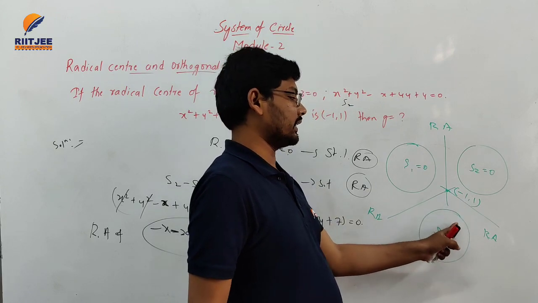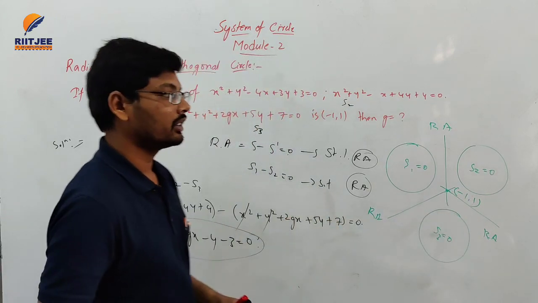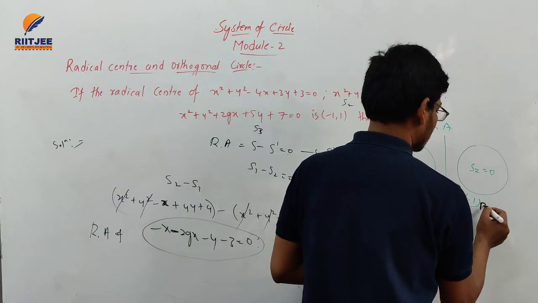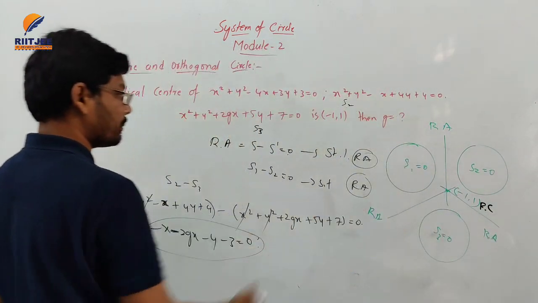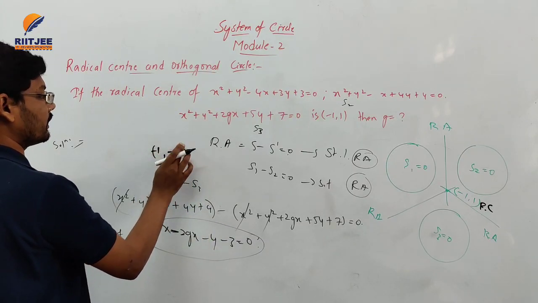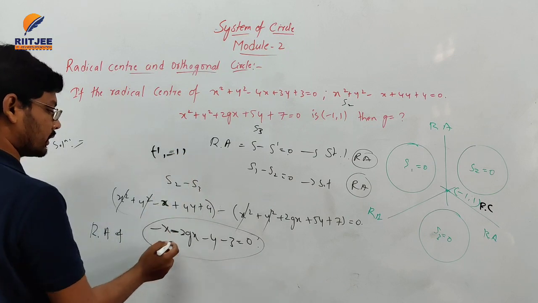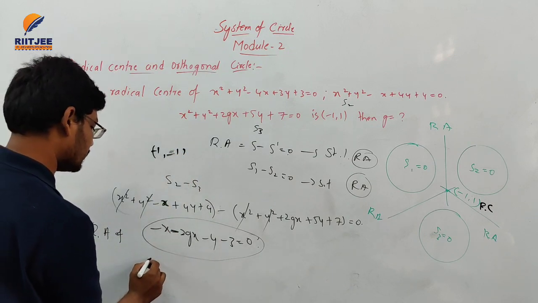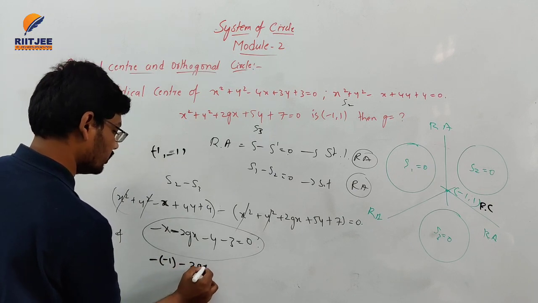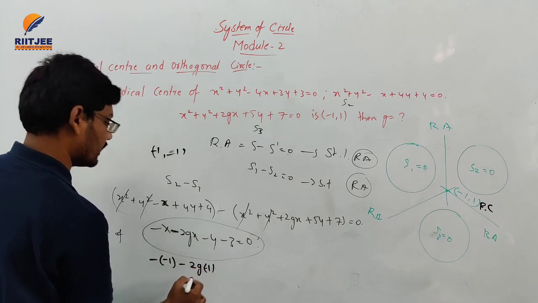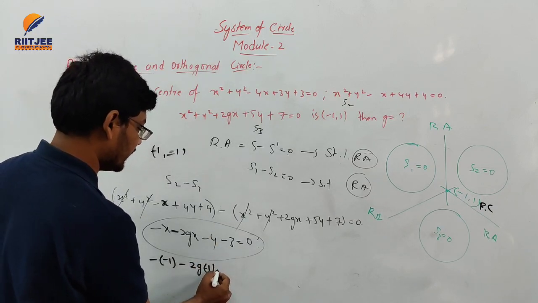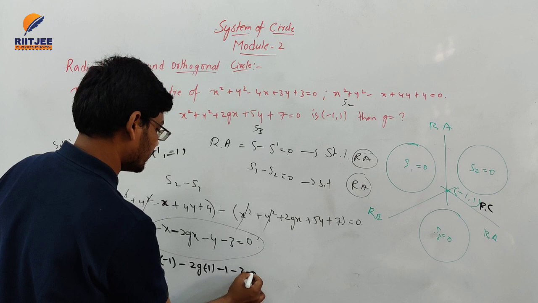This equation should be satisfied by the radical center. This is RC, the radical center. Let's substitute the point (-1, 1) in this expression. So minus 1 times the x coefficient, minus 2g into 1, minus 1 plus y, 1 times 3, equal to 0.